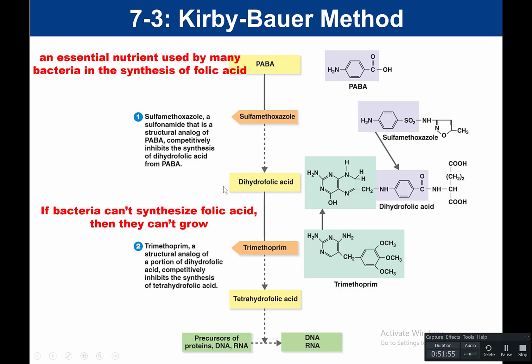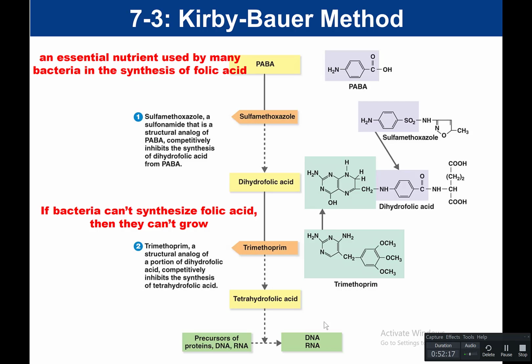The dihydrofolic acid gets converted to tetrahydrofolic acid. So basically through this process, bacteria are synthesizing their folic acid. Now, why do they need folic acid? Well, folic acid is used to make nucleic acids. It's used to make DNA and to make RNA.